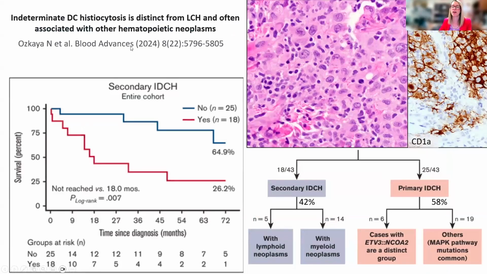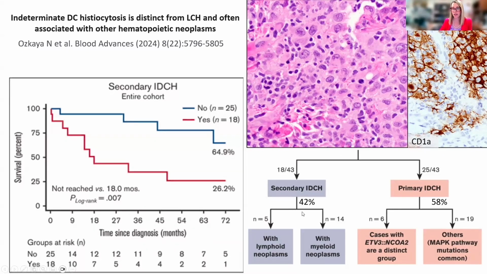But as we look more in depth at some of these from the Ozakaya et al. and the French and NIH group, they really showed there was a large percentage of these with a concurrent lymphoid or myeloid neoplasm, and they really did worse than the ones that were sort of de novo.